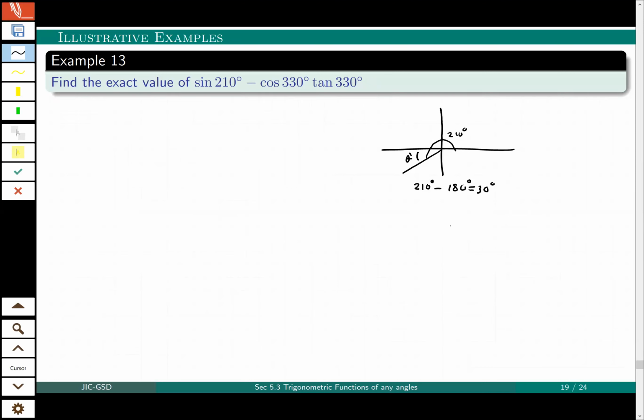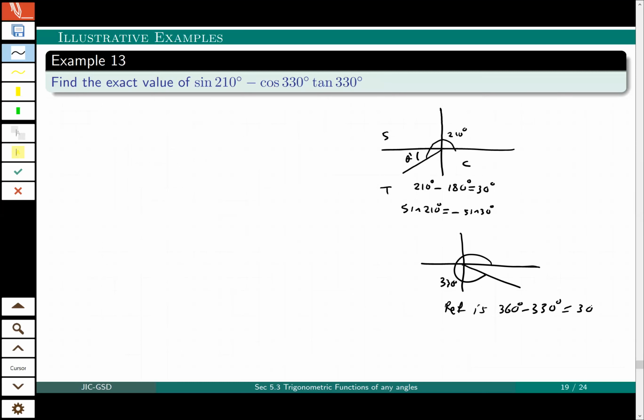Okay, and 330, again, STC will say if you want sine 210, it's the negative of sine 30. 330 is in quadrant number 4, and the reference is 360 minus 330, which is 30 again.